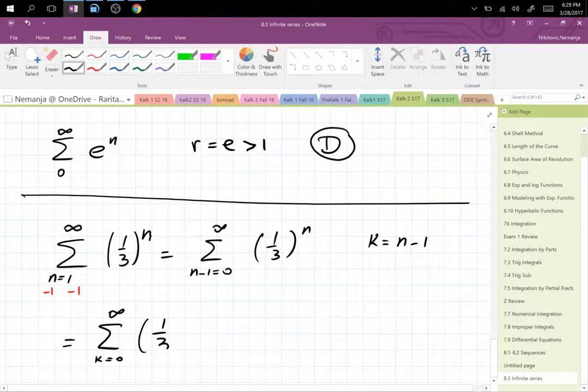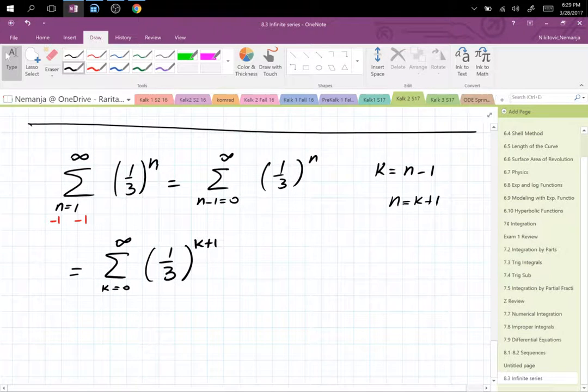But then I have to change this n here, right? And that n is k plus 1. So the new exponent becomes k plus 1. Think of it as a substitution where we transform from n to k so that we can have our counter start at 0.